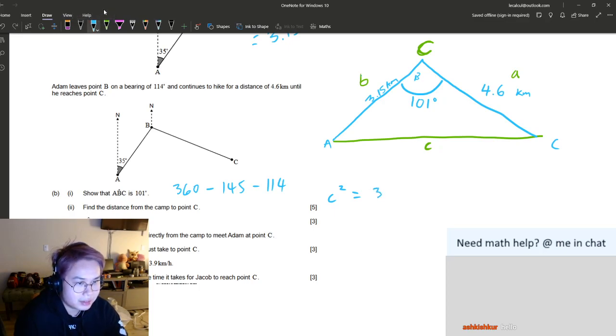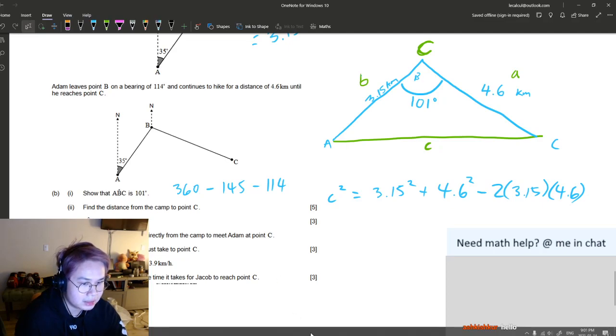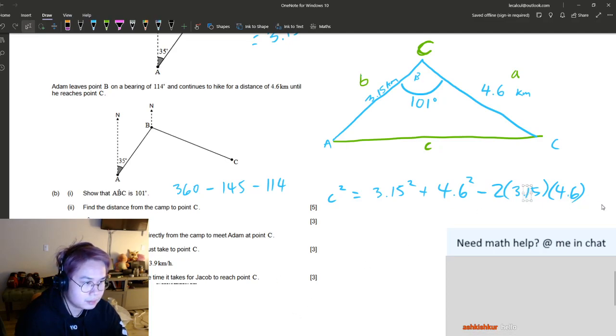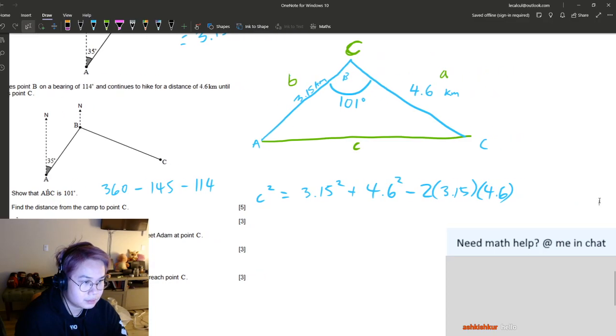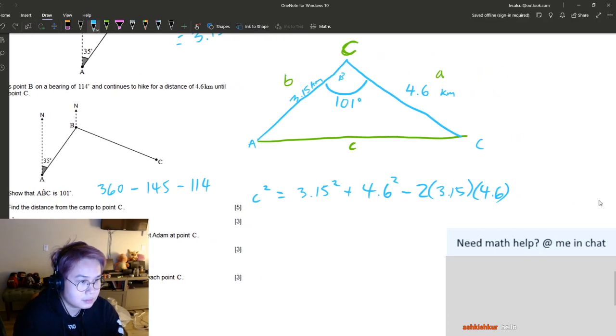I'm going to take 3.15 squared. I'm going to add 4.6 squared. I'm going to subtract 2 times 3.15, 4.6, and cosine 101 degrees.